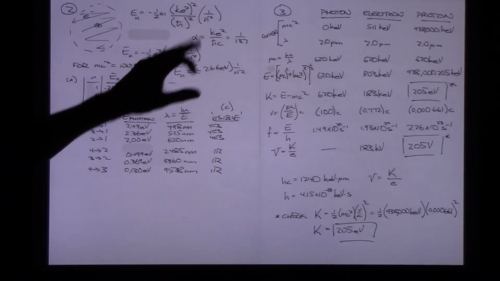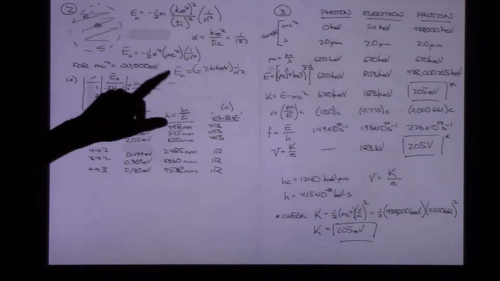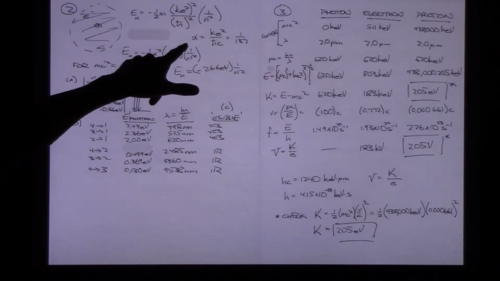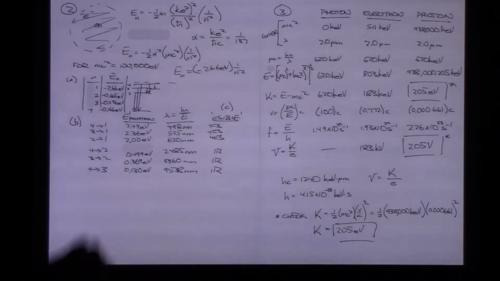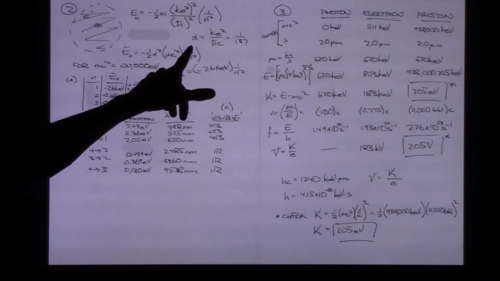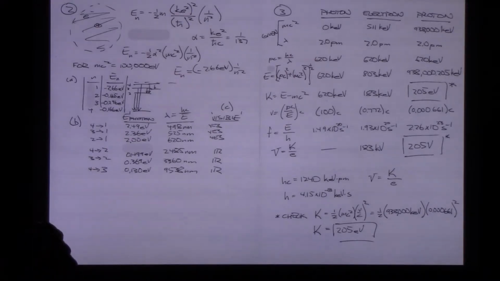Now, in this problem, I actually introduced alpha. Alpha is known as the fine structure constant. It's written in your textbook. The textbook talks about this. Another way of thinking about alpha is it's kind of a quantum version of the electric magnetic force constant.